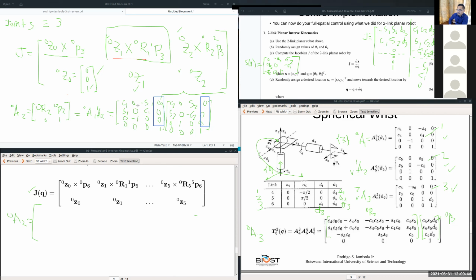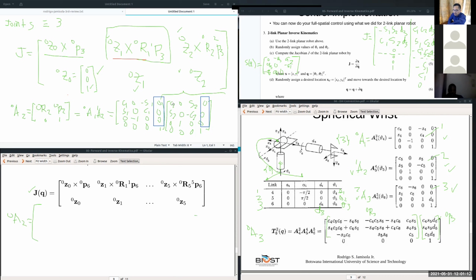So the first element: this row and this column, C1 times C2, plus 0 times S2 plus 0 times 0 plus 0 times 0.